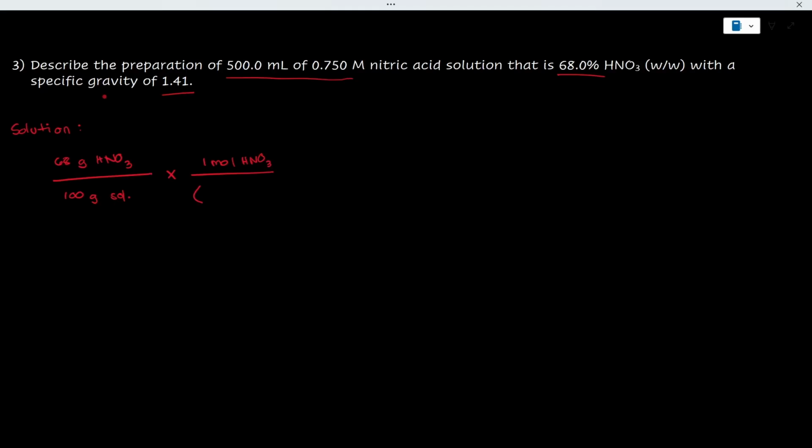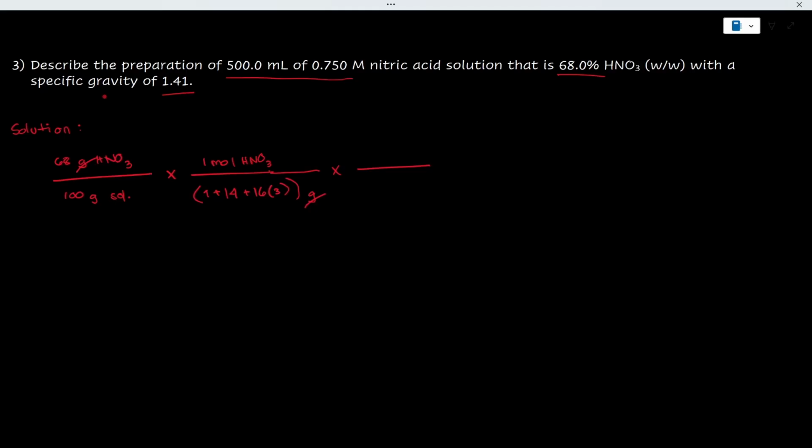Hydrogen is 1, nitrogen is 14, and oxygen is 16, and that is 3 oxygen, so times 3. This is the molar mass of nitric acid, in grams per mole. So we can cancel grams. You can check the periodic table. Then we are left with mole per 100 grams.